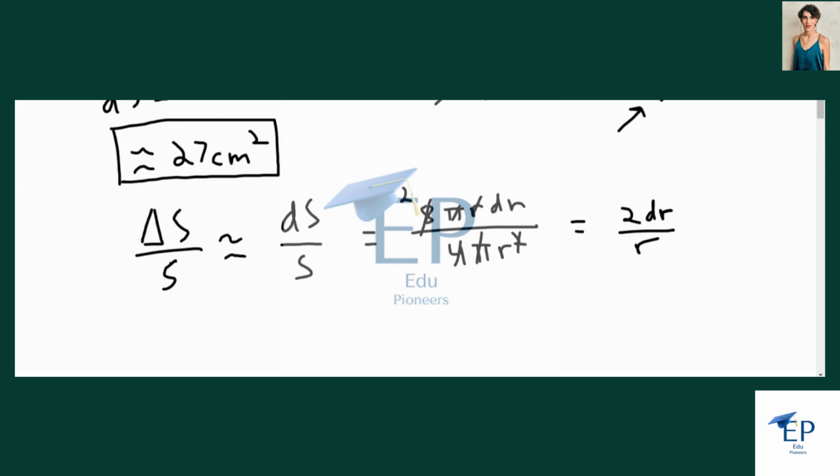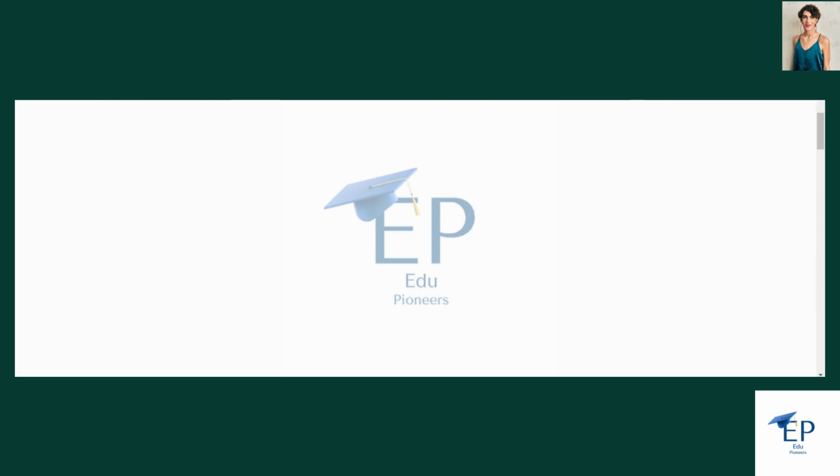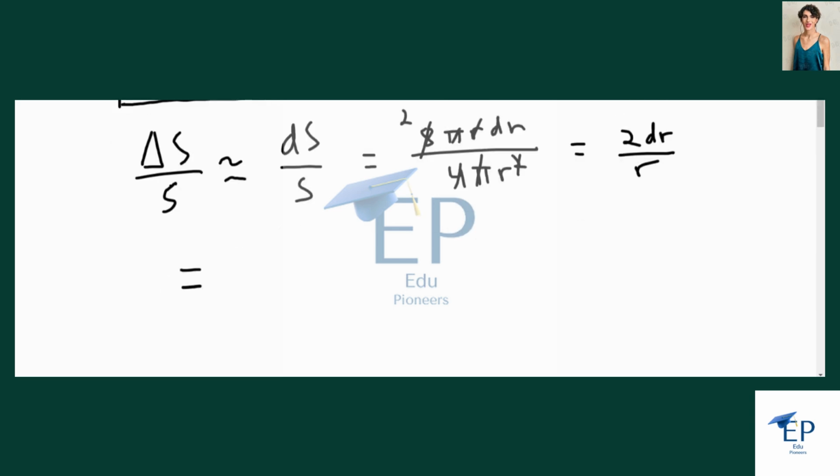Okay, if we substitute our r and dr values, what did we say our dr was? 1 over 4 pi. Yeah, and we said our r was 42 over pi. If we divide all that out, it'll come out to approximately 1 over 84.